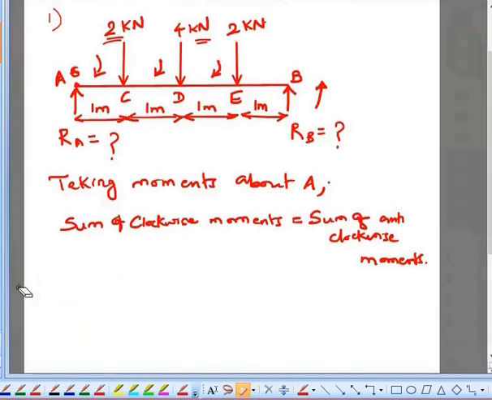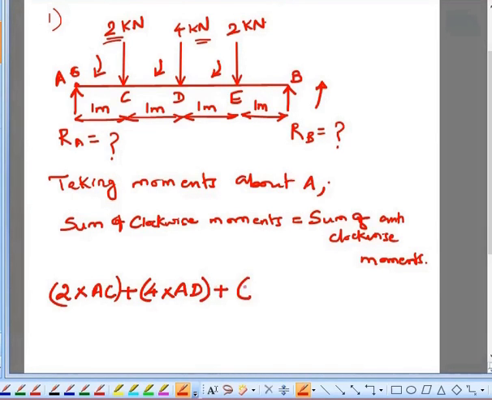First, you write the formula and then you proceed. The 2 kilonewton force into the distance AC, then the 4 kilonewton force into the distance AD, then the 2 kilonewton force into the distance AE.